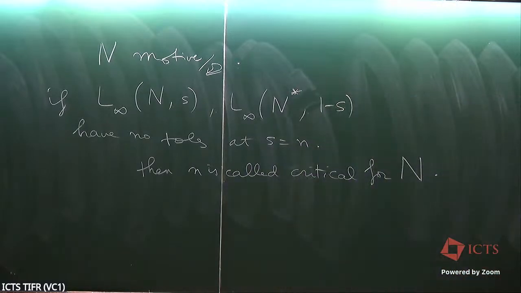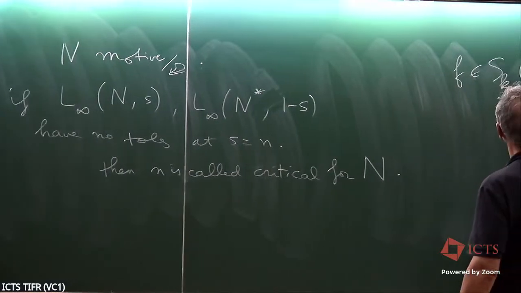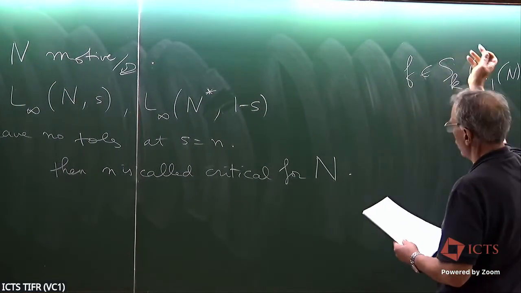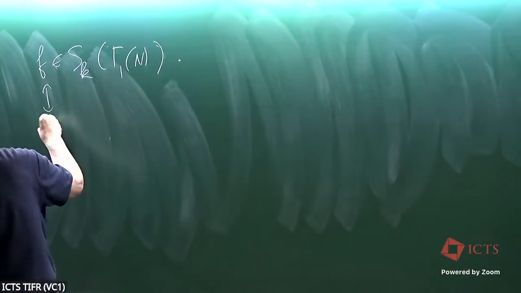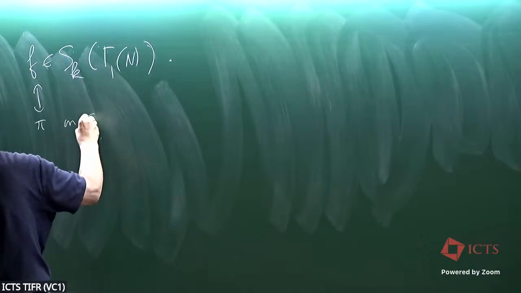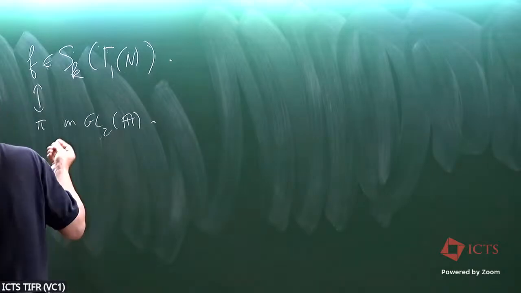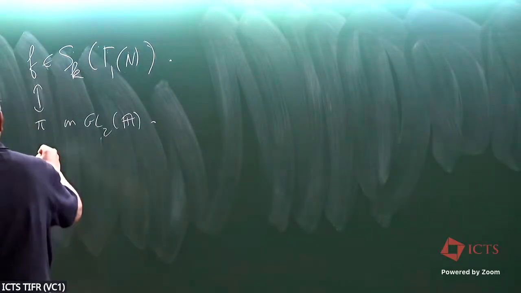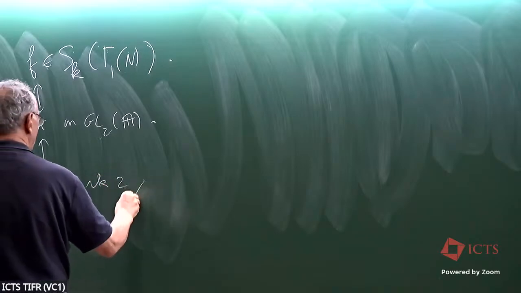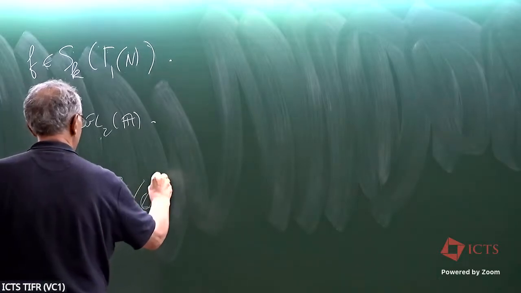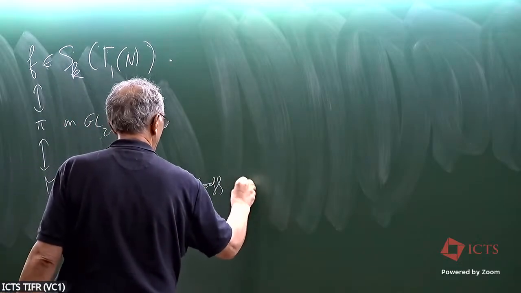Here, let's consider a classical modular form of some level Gamma 1 of N, maybe a newform. It corresponds to a cuspidal automorphic representation of GL2 of the adeles. In that particular case, it is proven that there is a motive M_f of rank 2 over Q with coefficients in some number field.